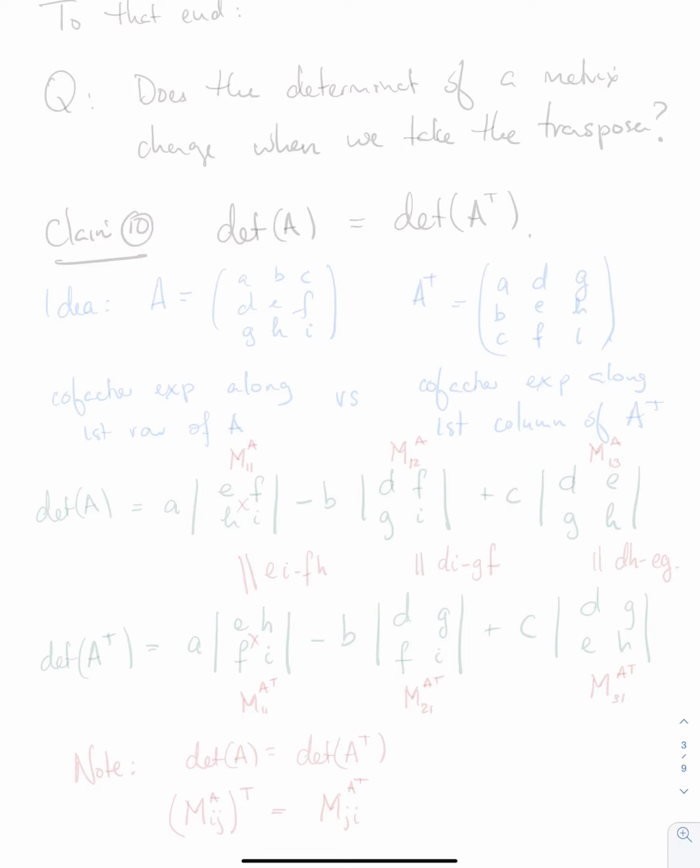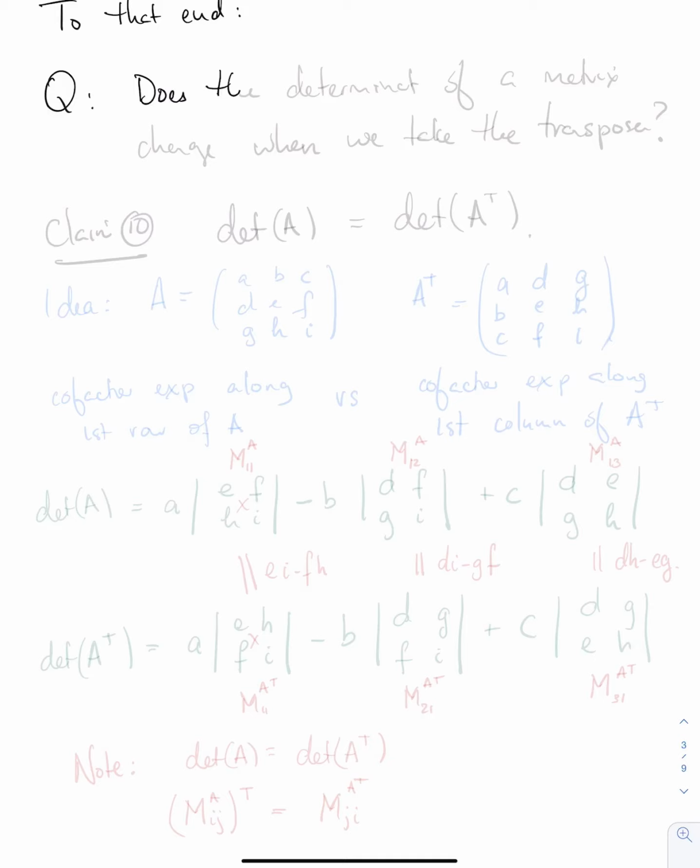Let's get back to our task at hand. We eventually want to prove that the determinant of A is 0 if and only if A is singular. To that end, let's start exploring different ways to determine the determinant of a matrix. Here's a question.